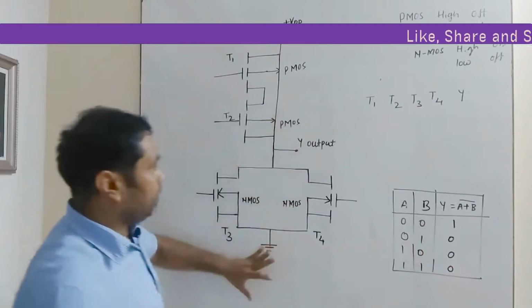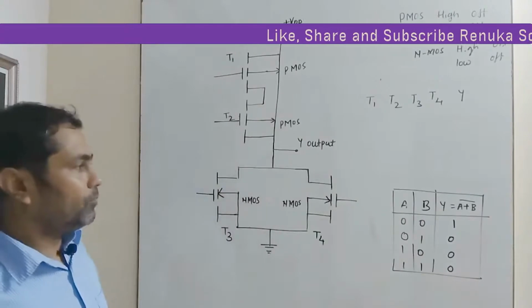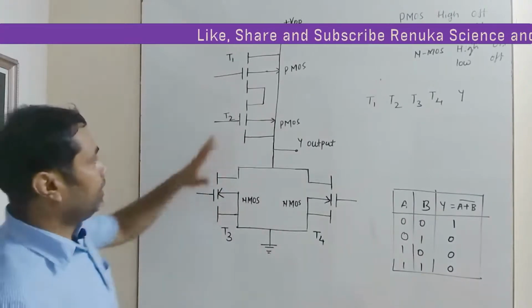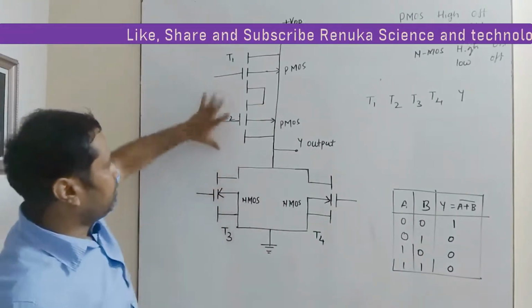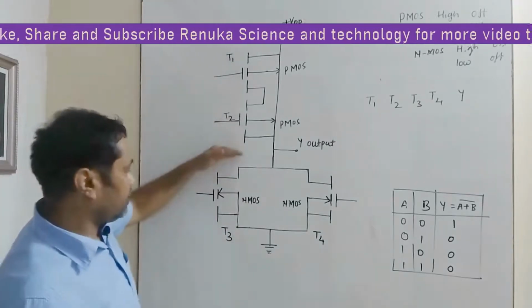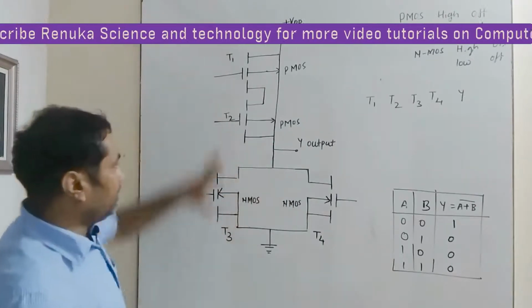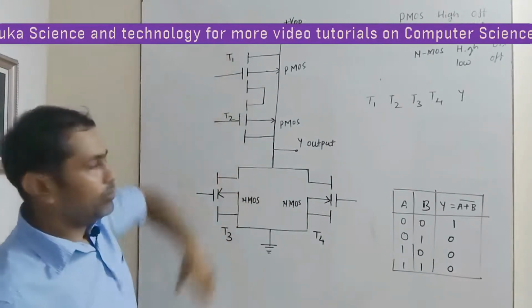Now here in this circuit we have used MOSFETs to construct the logic circuit for the NOR gate. In this you can see the circuit from this point is called the driver, and the circuit towards the lower point is called the load. Here the drivers and loads are connected in series.